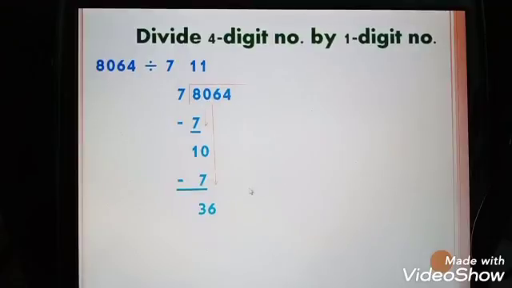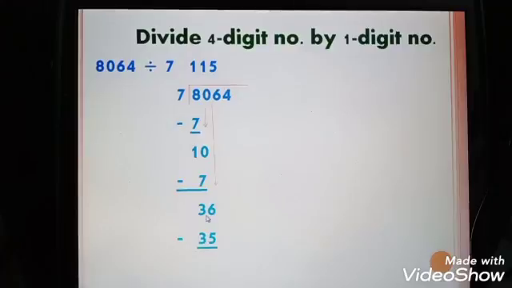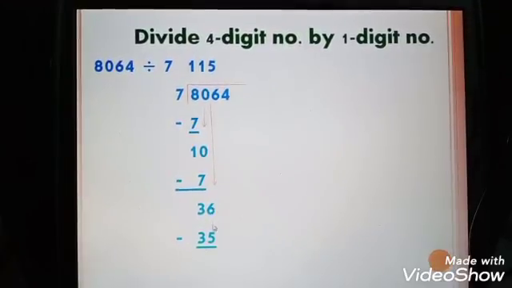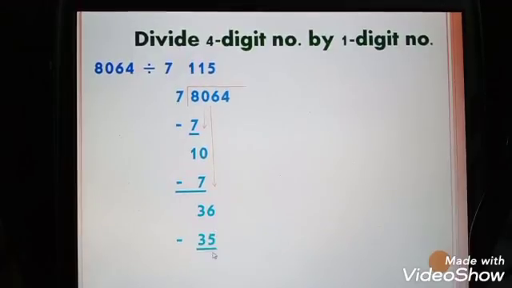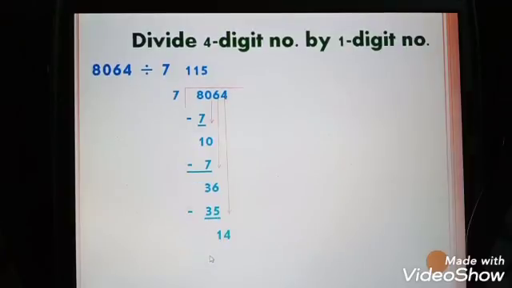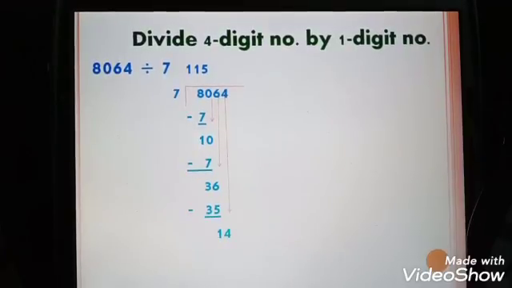So 7 5 are 35 is just before 36, so we'll take 7 5 are 35. Now see, 5 I have written here and 35 under 36. So 36 minus 35 is 1 and 3 minus 3 is 0.